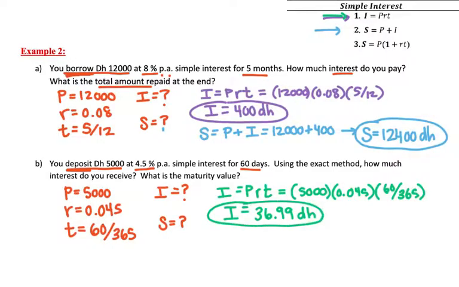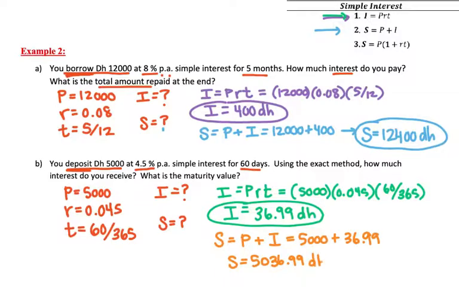And then if we want to find the maturity value or the future value, it's just the principal that we put in the bank plus the interest earned. And so in this case, 5,000 plus 36.99, we get a future value at the end of the 60 days where my money is worth 5,036.99 dirhams.